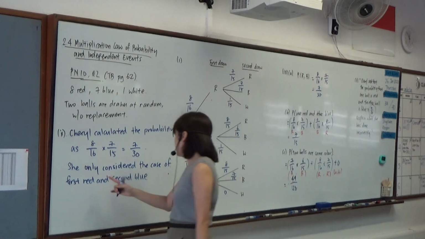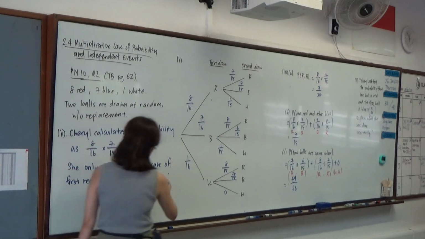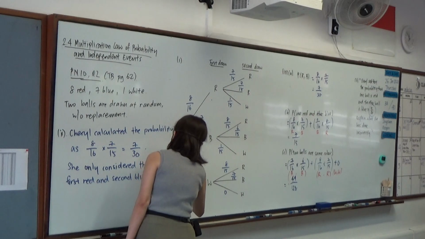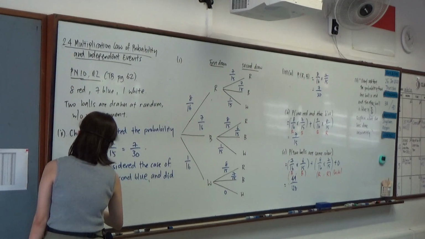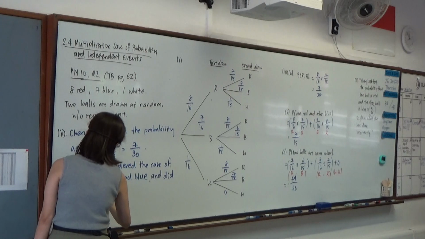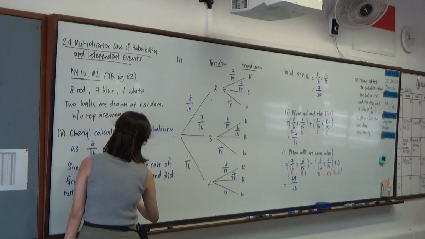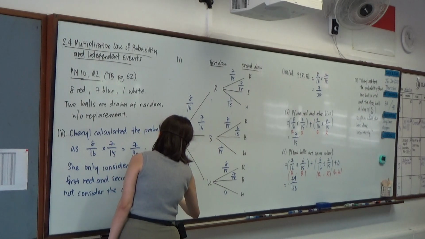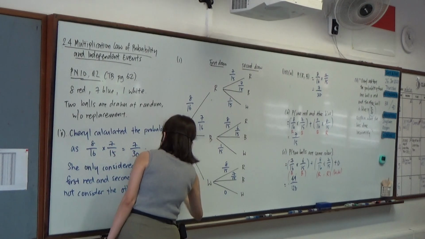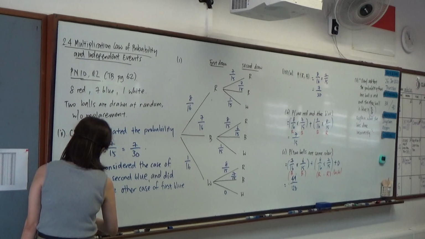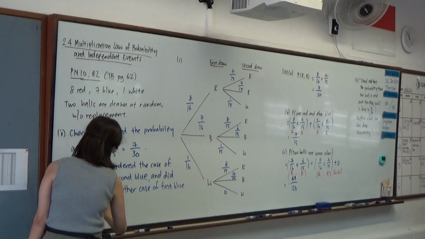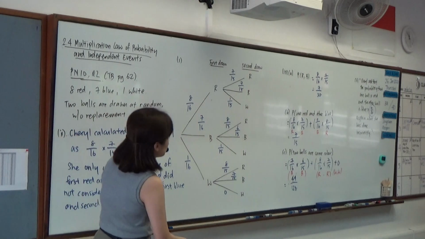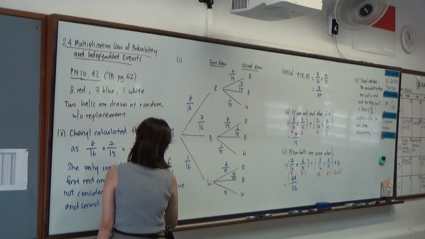So she only considered the case of first red and second blue, and did not consider the other case of first blue and second red. Therefore you can conclude that she is incorrect.